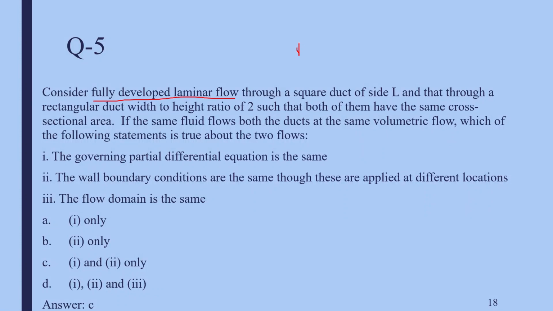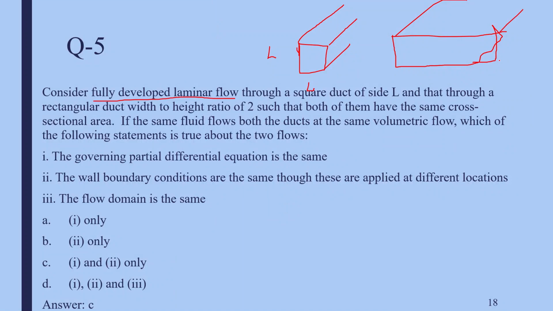So for example, we have a square duct, here the height is L and the width is again L. And in the rectangular duct the width to height ratio is 2, so if the height is L, the width is 2L, such that both of them have the same cross-sectional area.